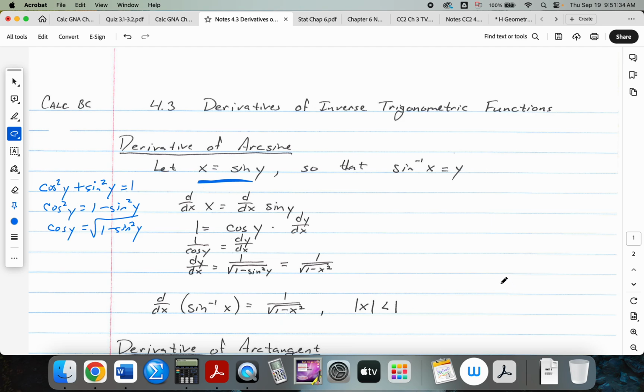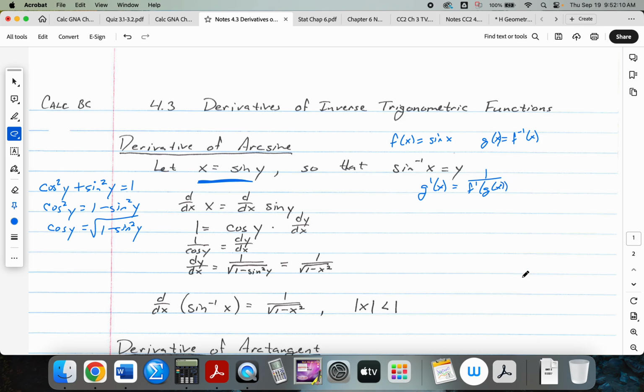You could also do this by the derivative rule for inverse functions. If you said, let f be sine of x and g be f inverse of x, and we're trying to find what g prime of x is, that'll be 1 over f prime of g of x.